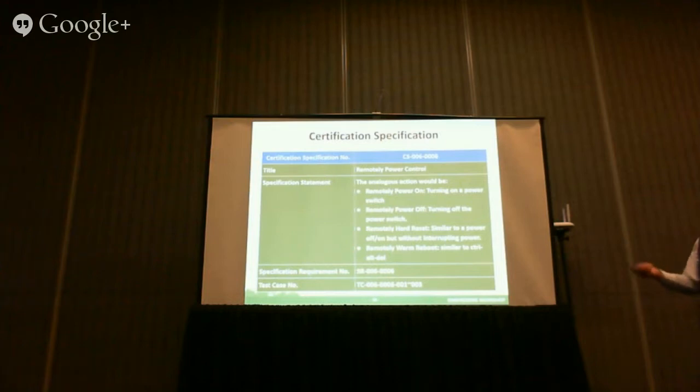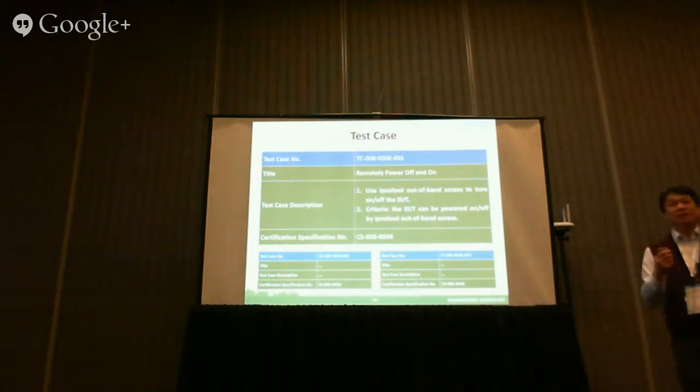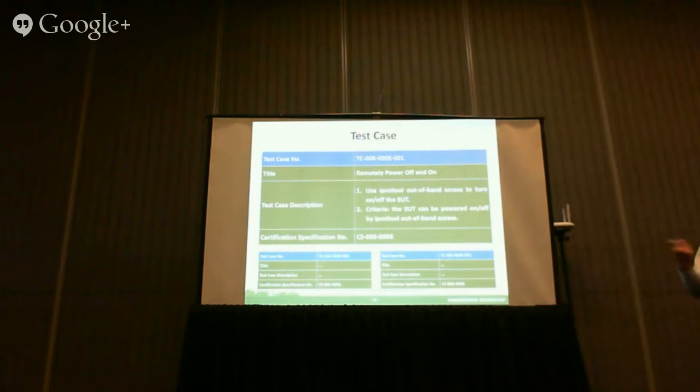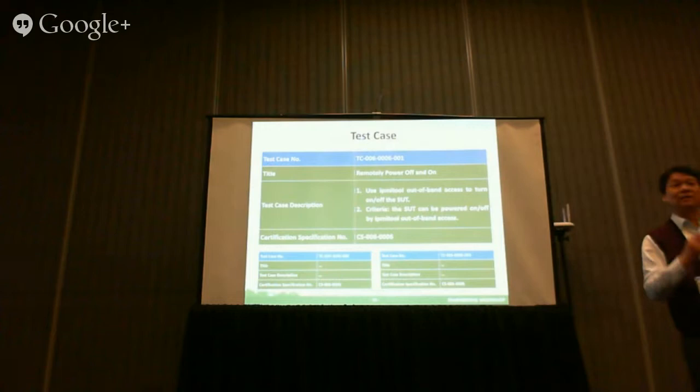For power on and off, we will use IPMI out of band to test the system, and the pass requirement is that it can be powered on and off. And we have the testing script. So basically, the baseline is constructed from the spec requirement, the certification spec, and the test case.